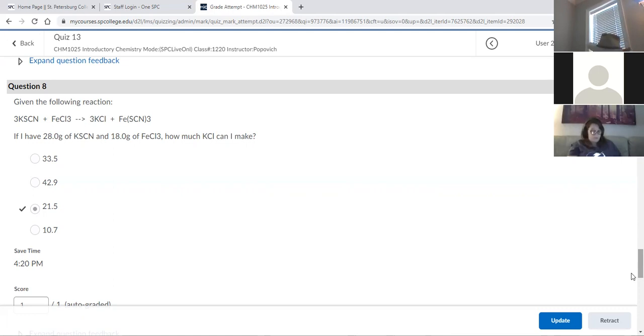Yep. I use 18 grams of ferric chloride times 1 over 162.20. That gives me 0.111 moles of iron 3 chloride, right? Mm-hmm.